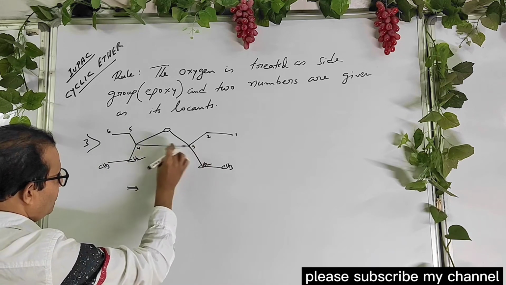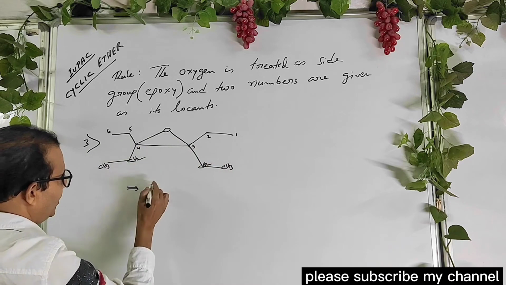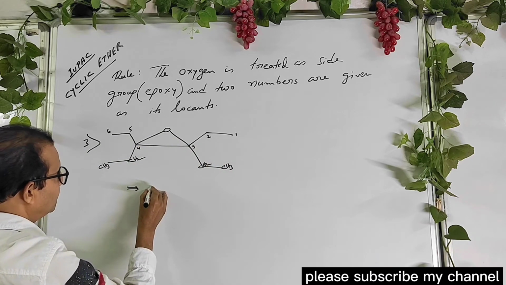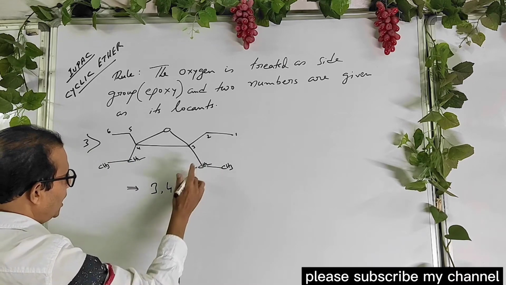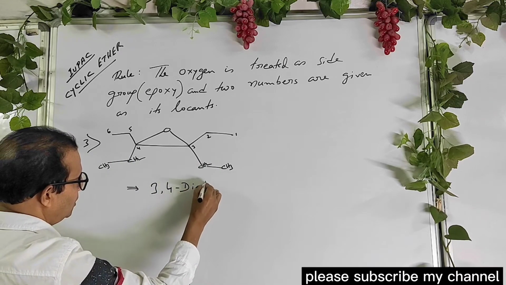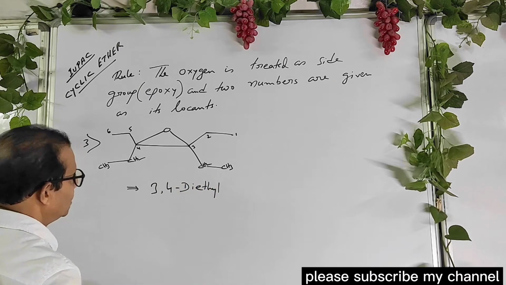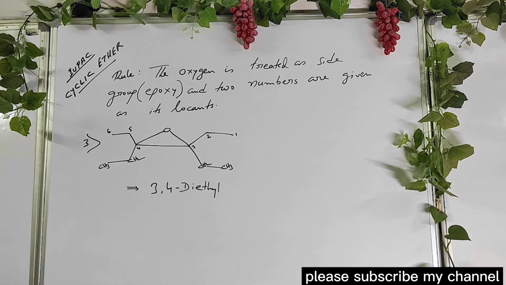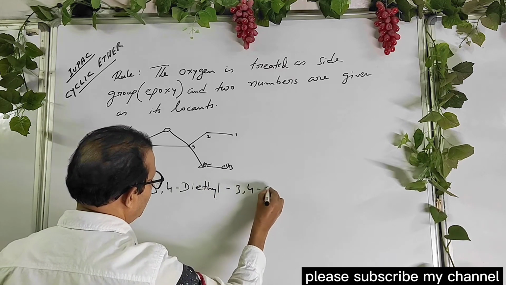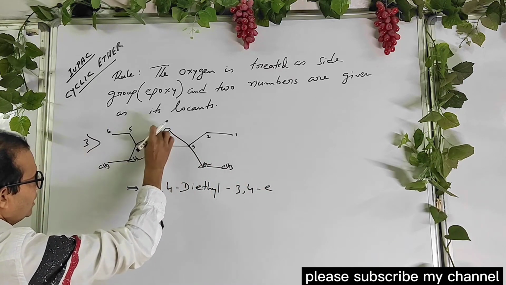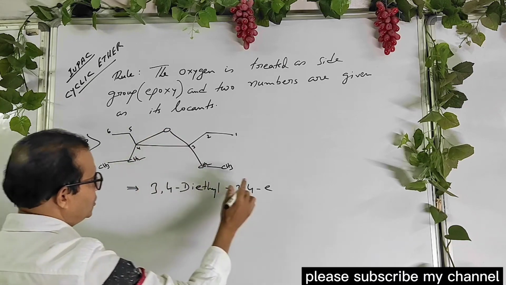So 3 and 4 position contains two same substituents. So it is 3, 4, 2 ethyl groups, diethyl, 3, 4 diethyl, 3, 4 epoxy, because the cyclic ether contains at 3 and 4 position.